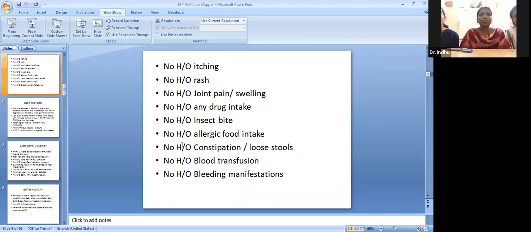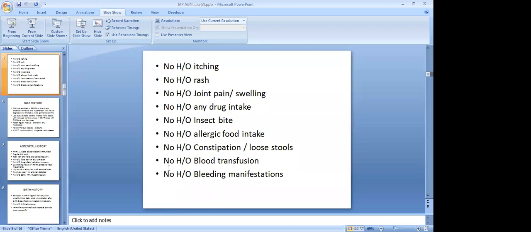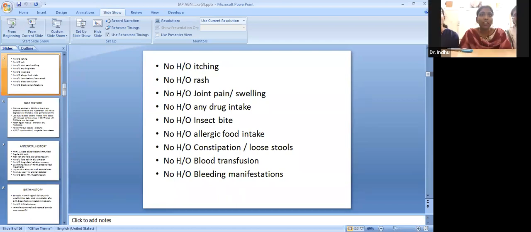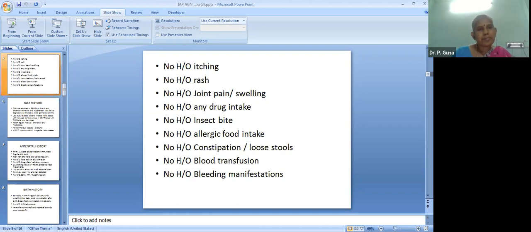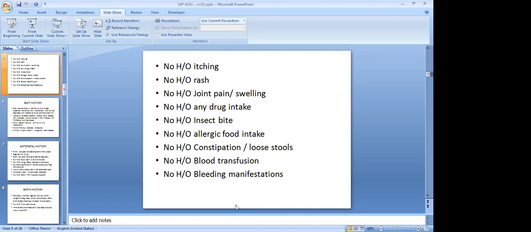No history of constipation or mood swings, no history of blood transfusion, no history of any bleeding manifestations. Why did you ask for blood transfusion? To rule out any hepatitis. Oh, in the past you mean? Past. Okay, fine. Will hepatitis cause hematuria?